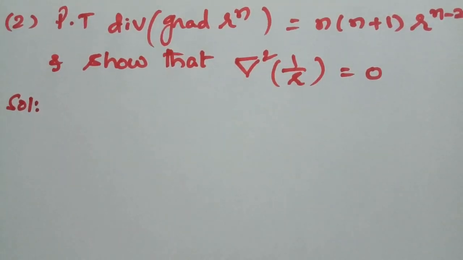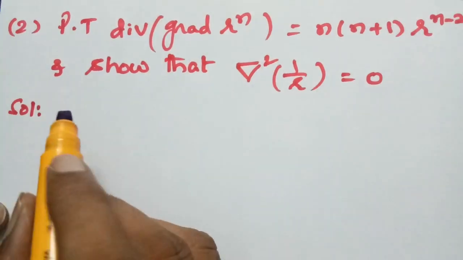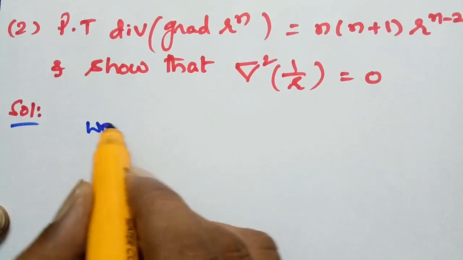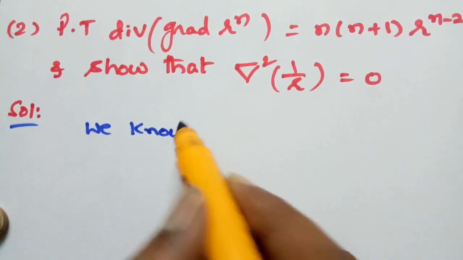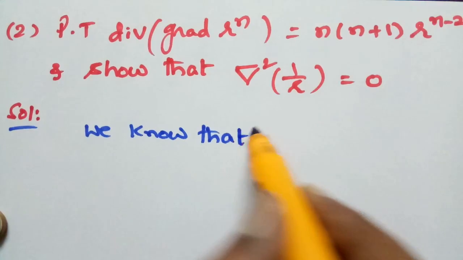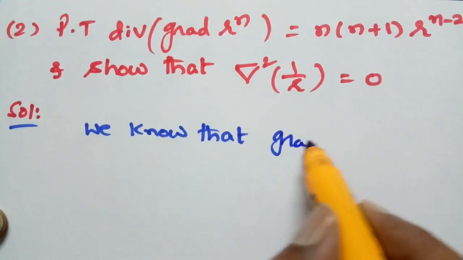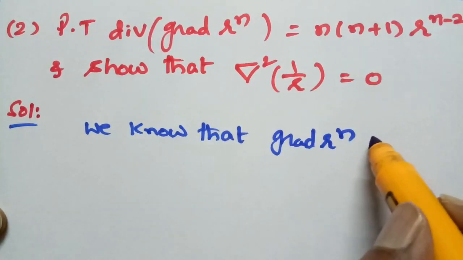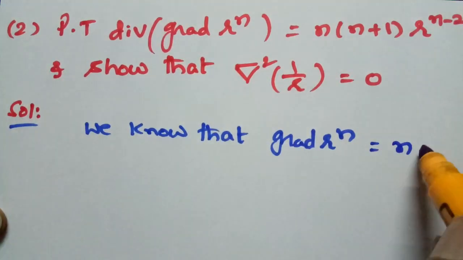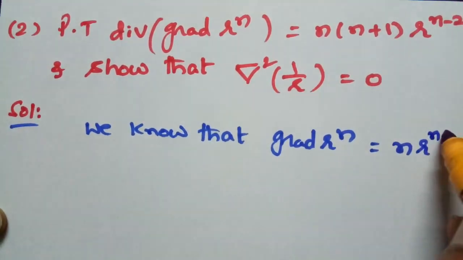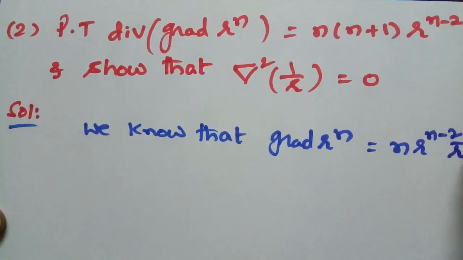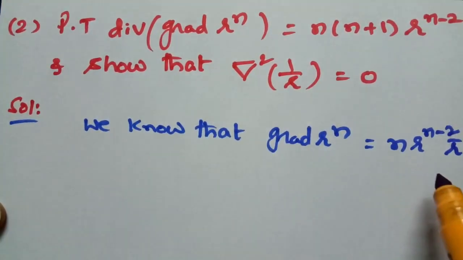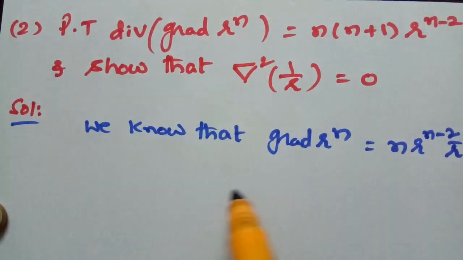Now take grad r power n first. Grad r power n, we know, is equal to n into r power n minus 2 into r bar. Grad r power n, or del r power n.